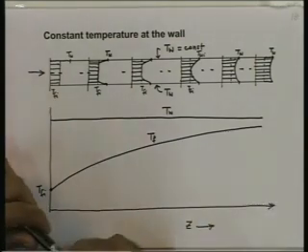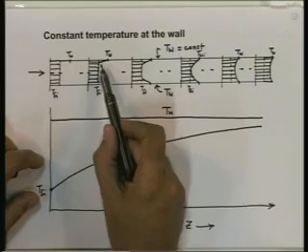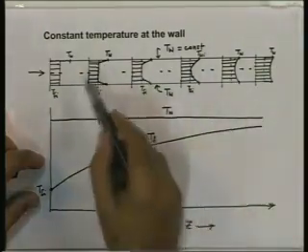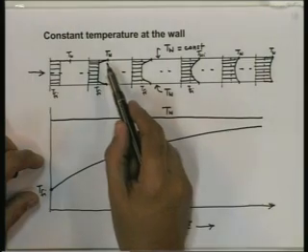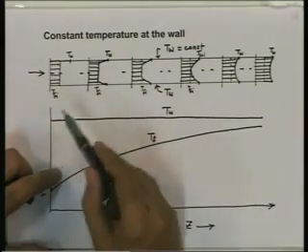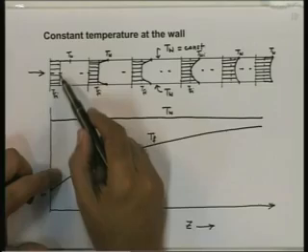If we calculate the heat transfer coefficient, notice that initially the gradient near the wall will be large. It will go on reducing as we proceed. Similarly, the temperature difference between the wall and the mean temperature of the fluid will go on also reducing. Initially, it would be almost equal to Tw minus Tfi.